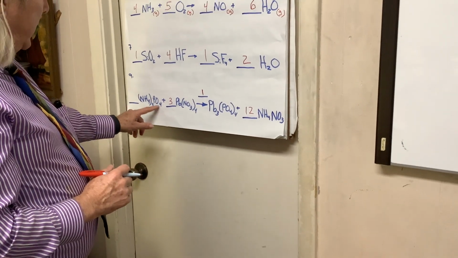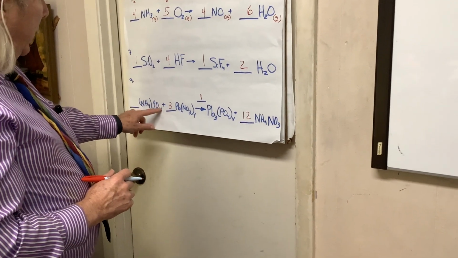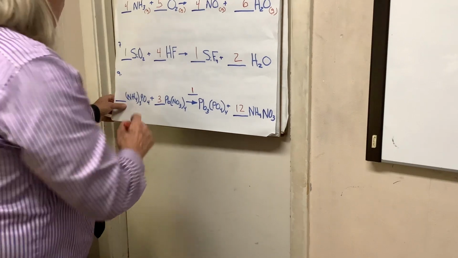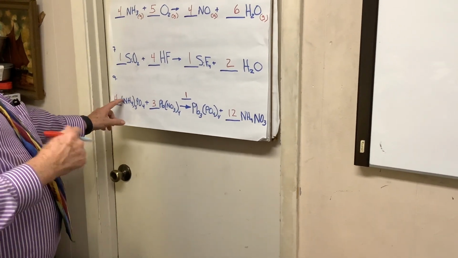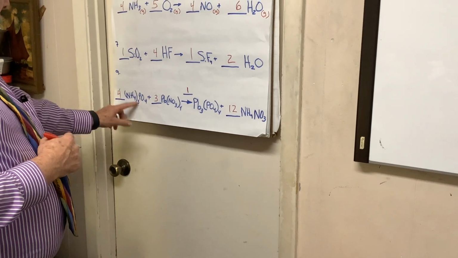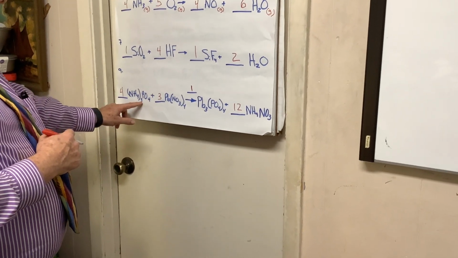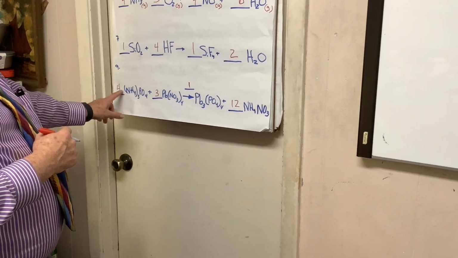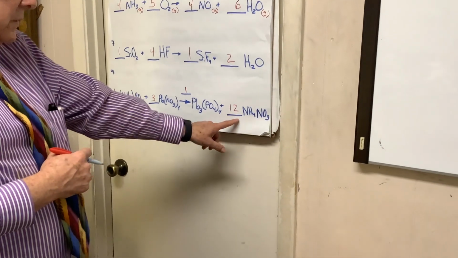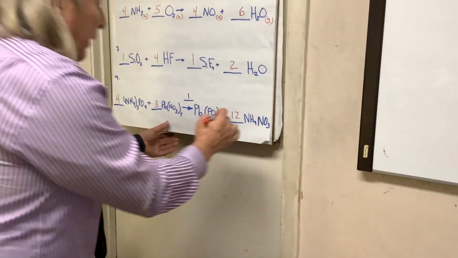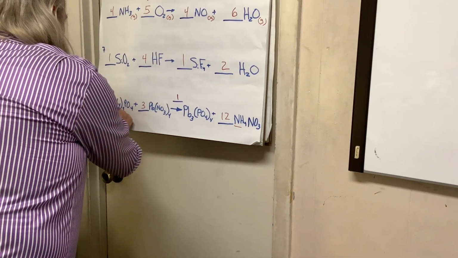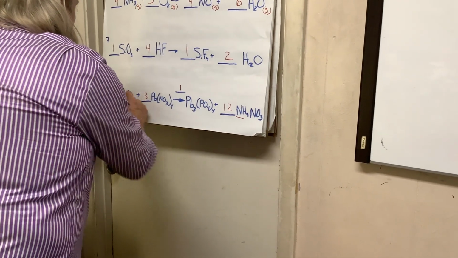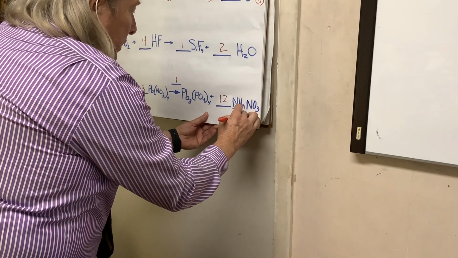And there's only one in this, so I would do 4 of those. And if I did that, I would have 12 ammoniums, because there's 3 ammoniums in each ammonium phosphate, and if I have 4 of them, 4 times 3 is 12. So I have my 12 ammoniums, 12 of those and 12 of those.